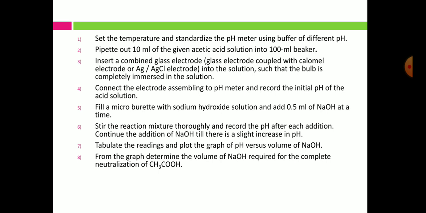If it is showing 7, then it is functioning at its best, but if it is showing a pH less than 7 or more than 7, then with the help of a knob called standardize or calibrate, we are going to set it to 7.00, and hence our calibration part is done.